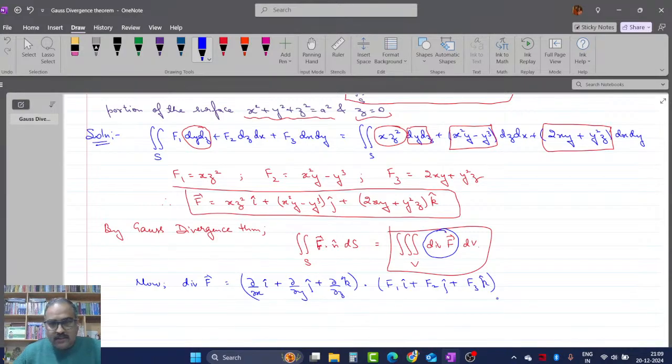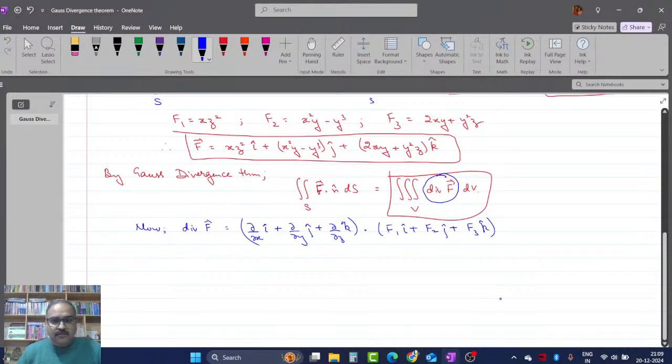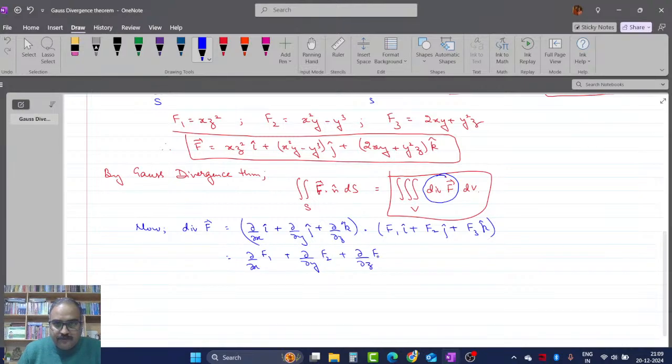And I know that whenever we are having dot product, i dot i is 1, j dot j is 1, k dot k is 1. So that means del by del x of f1 plus del by del y of f2 plus del by del z of f3.